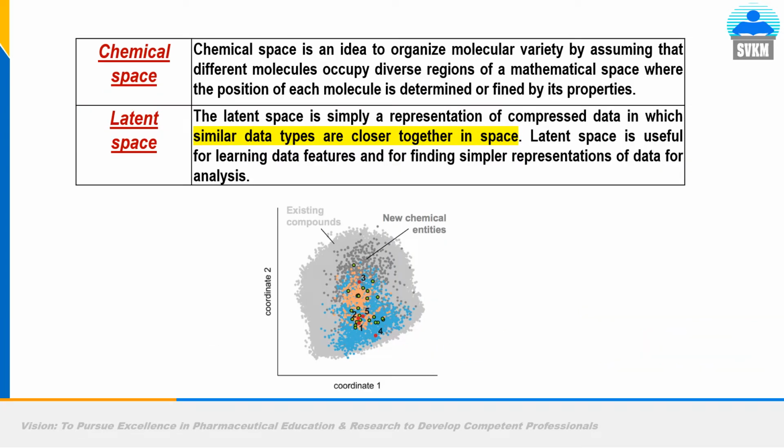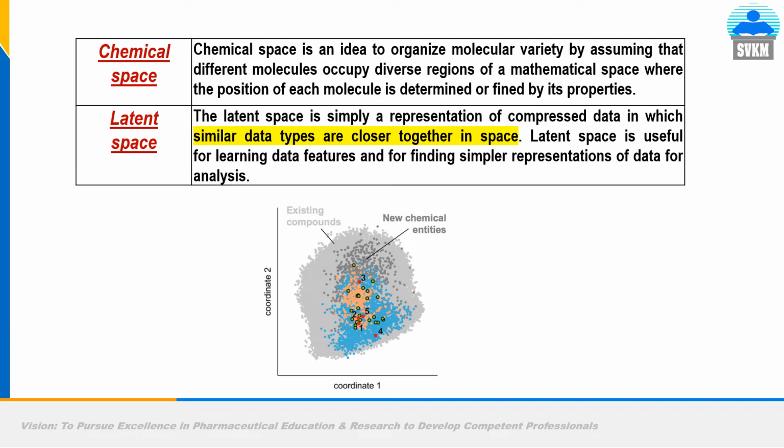So there are two terms, chemical space and latent space. So chemical space is a concept or an idea in machine learning. The meaning is to organize or to place different types of molecules in different spatial arrangement. So all the molecules which are having same scaffold or same type of physico-chemical properties, they will be placed in one cluster and others will be at somewhat distance from that particular cluster.